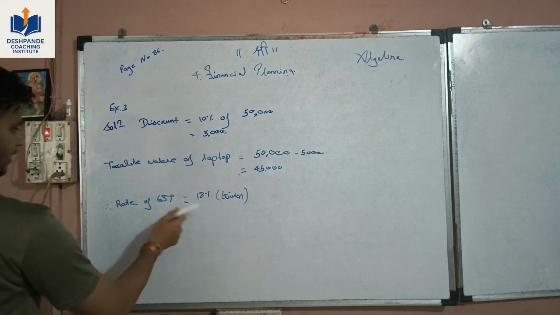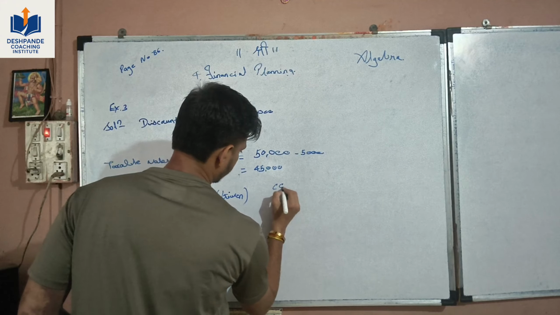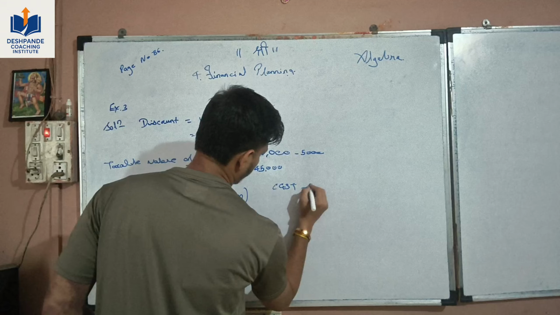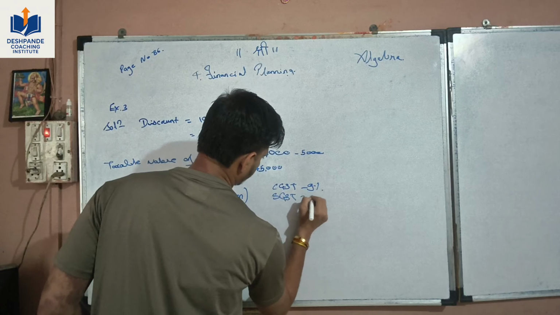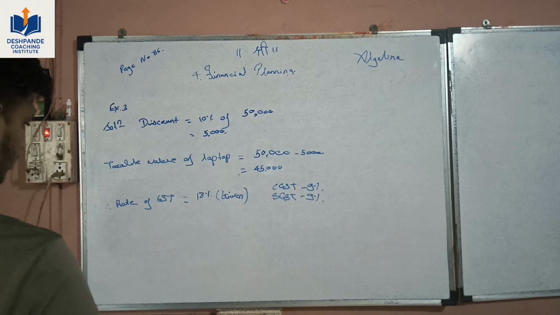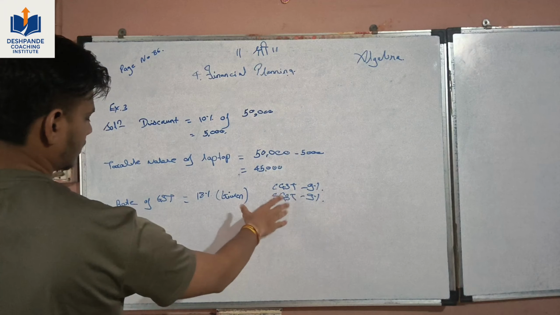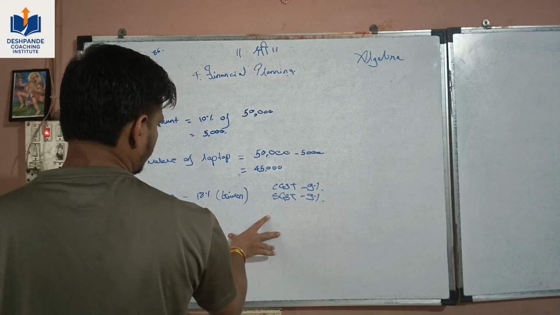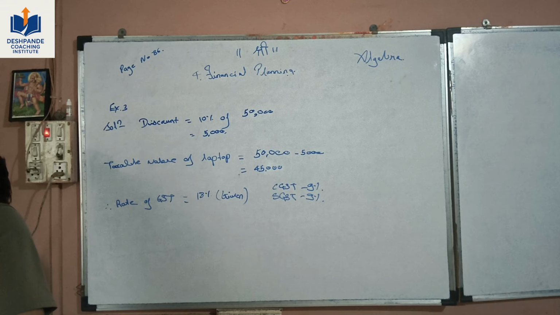If the rate of GST is 18%, what will be the rate of CGST and SGST? Obviously CGST will be 9% and SGST will be 9%. 18% divided by 2, because the GST value is divided by 2: half goes to the central government and half goes to the state government. CGST is 9 and SGST is 9.